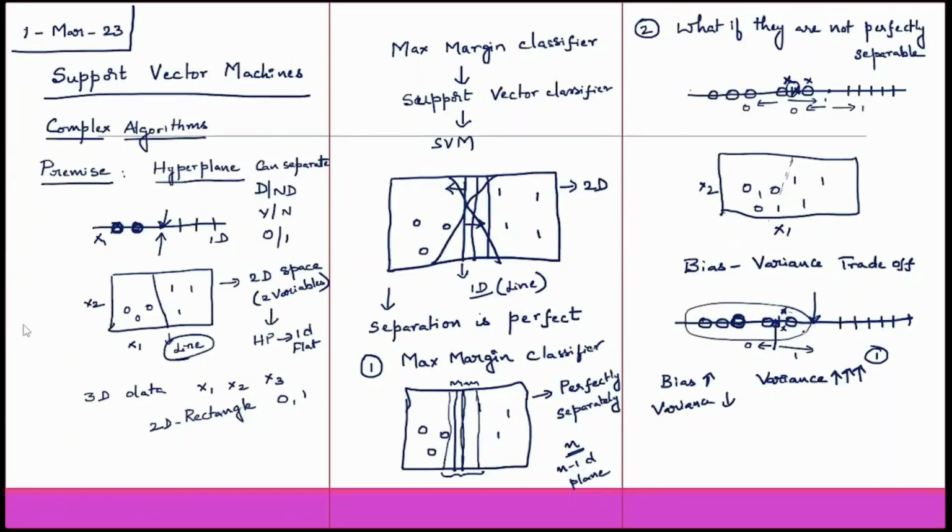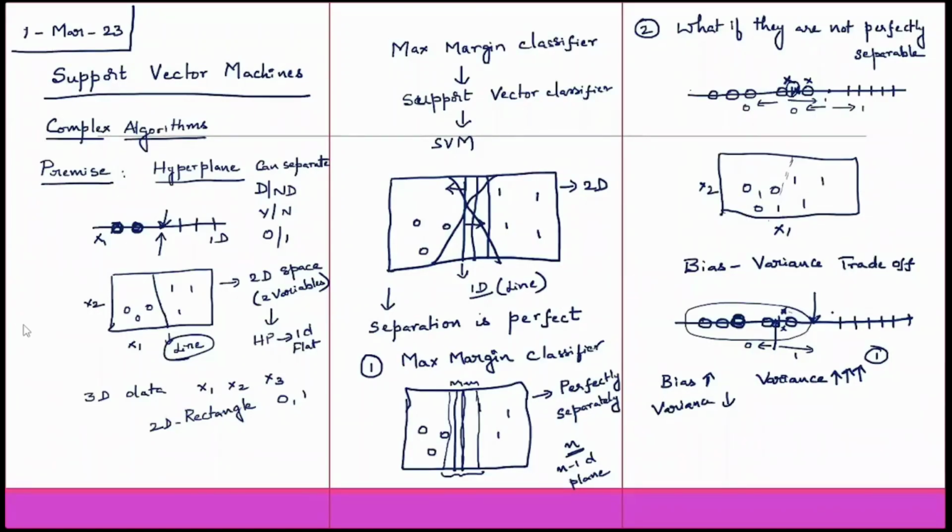So it depends on how you are treating that class separator. If you put your separator somewhere here to avoid this particular point, you might get a lower bias but a higher variance. Whereas if you put it here, you might end up with a higher bias but a lower variance. A simplistic model might result in a higher bias but a lower variance, or on the other side, a lower bias with a higher variance.